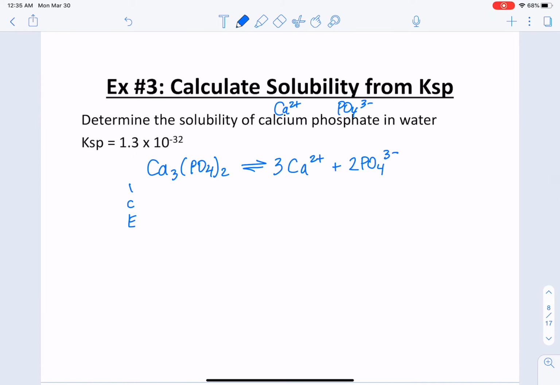Now, we've done 2 examples where we've calculated the Ksp value. What we're going to do here instead is use the Ksp value that is provided here, and solve for the solubility, which is the value of x. Again, we do not use our solid in the ICE expression. We know this is going to go up by 3x, and up by 2x.